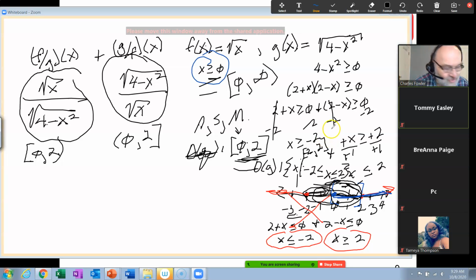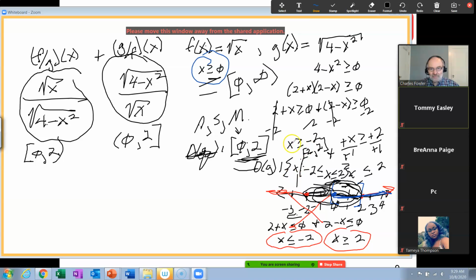That was the domain of g. So the intersection of those two is 0 to 2. It counts to 0 here, but only goes up to 2 there. That would have been the domain for your addition, subtraction, multiplication if that had been your problem. That wasn't our problem. Ours was a division problem.